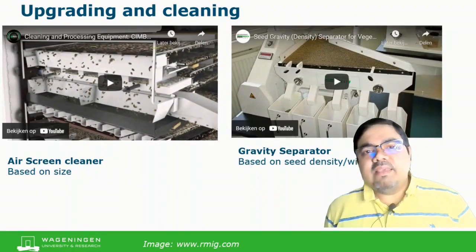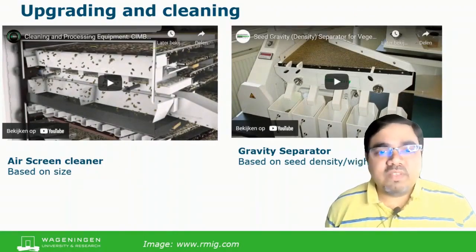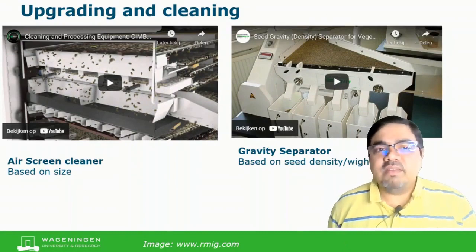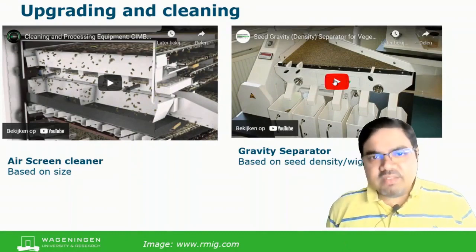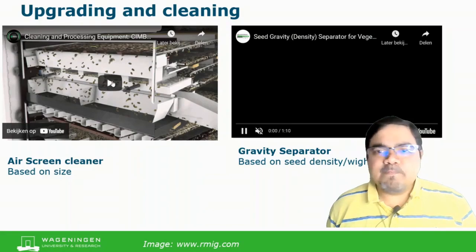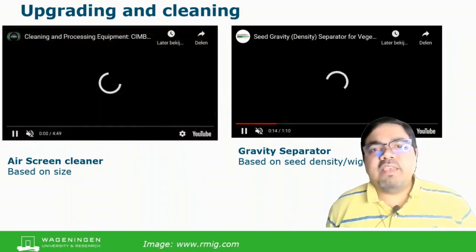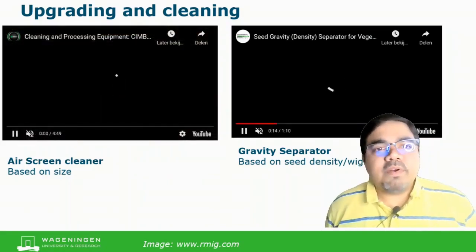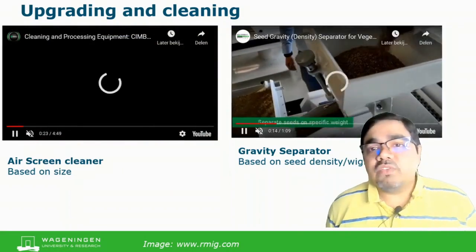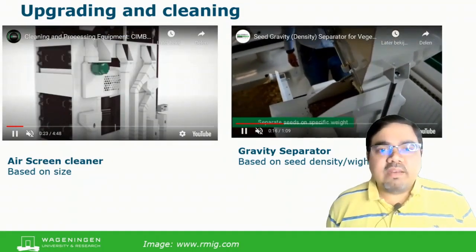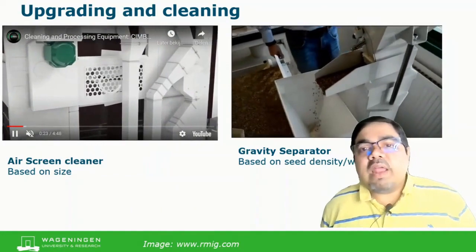Upgrading and cleaning is probably the most common mode of seed enhancement technique used by the seed industry of today. However, this type of enhancement primarily comprises sorting based on certain properties. These properties, based on which separation or sorting occurs, are mostly directly related to higher vigor and better seeds.